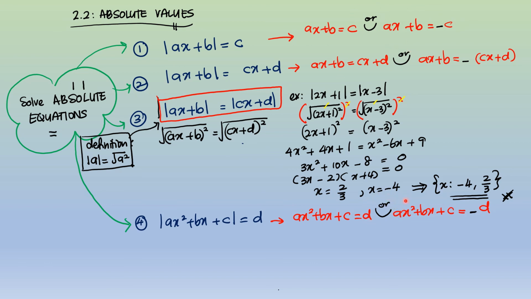And another thing that I'm missing here, for form number 2, you need to check, because we have x inside modulus and x outside modulus, like the example I showed before. So remember, you have to check, because we don't know whether you can accept both answers or not.